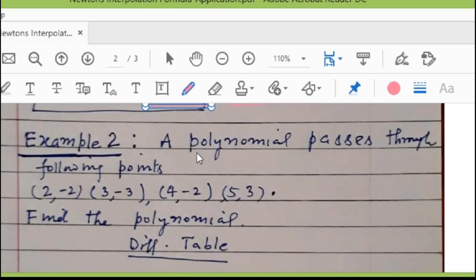The condition is that a polynomial passes through the following points: point 1, point 2, point 3, point 4. There is one polynomial which is passing through them. Is the polynomial linear or non-linear?